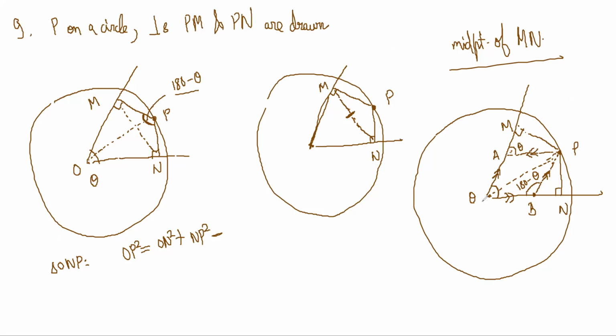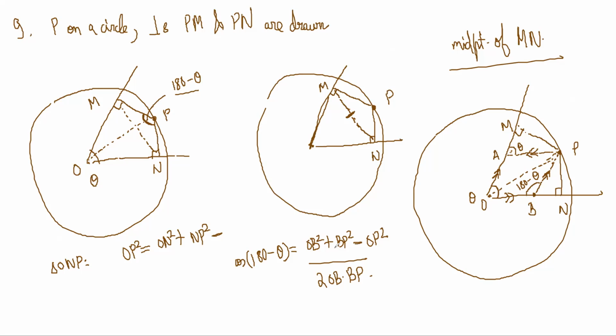Right. So in triangle OPB, you can say cos of 180 minus theta is equal to OB square plus BP square minus OP square by 2 OB into BP. This is minus cos theta.